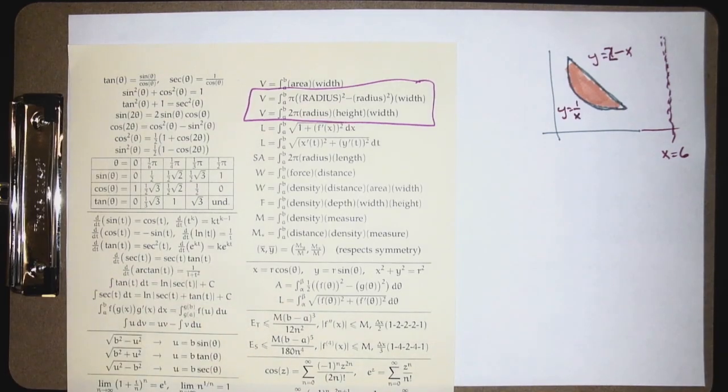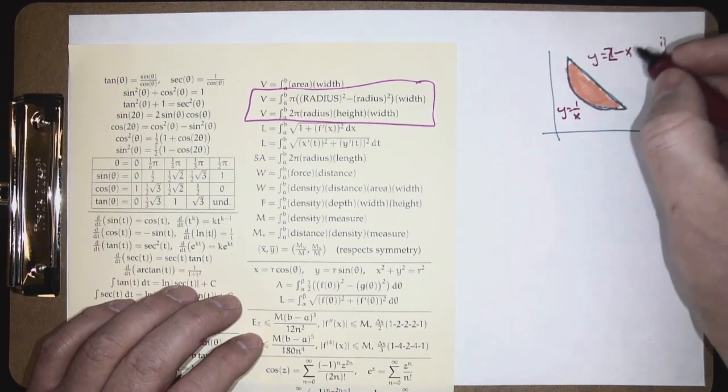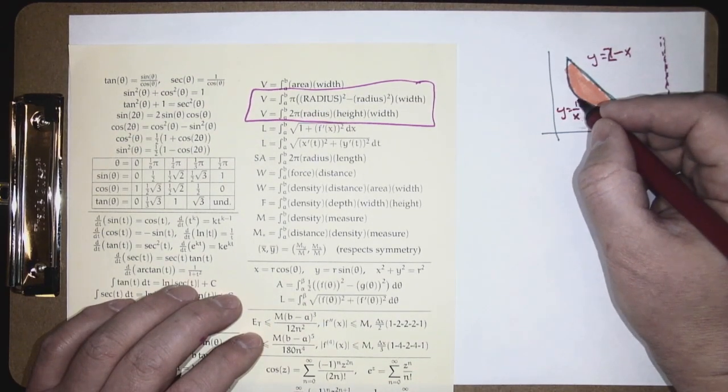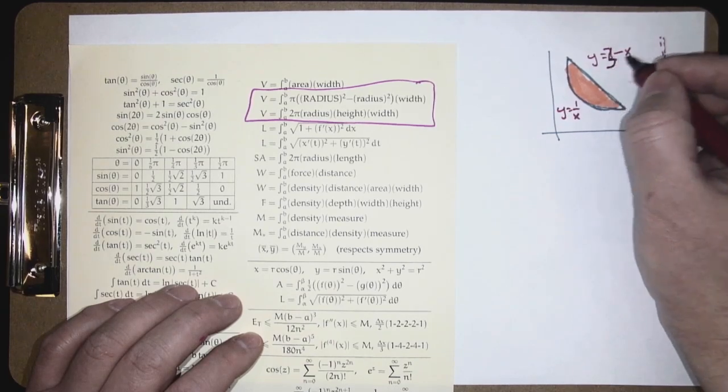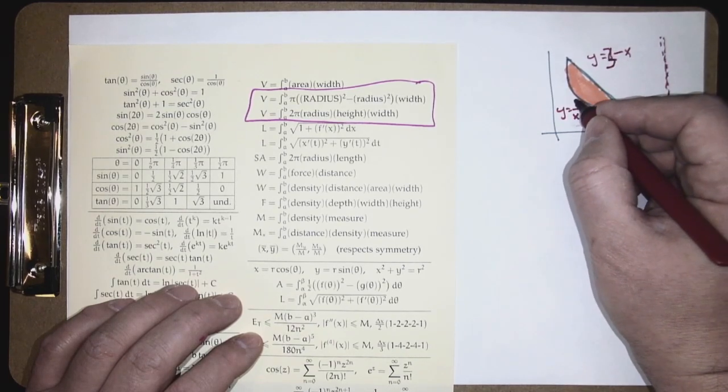But I'm not worried about things such as where do they intersect. I shouldn't worry about that, because actually these do intersect, but not in a very convenient way. y equals, let's see, how about 3 minus x and 2 over x?